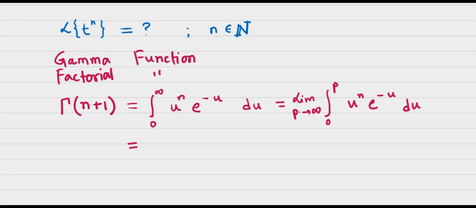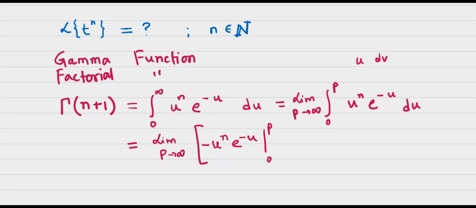We use integration by parts: e to the power minus u du is dv, and u to the power n is u. So we have limit p tends to infinity, and then first we have uv, that is u to the power n times negative e to the power minus u, evaluated from 0 to p.